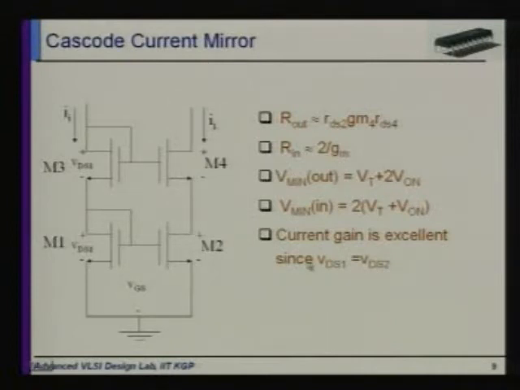Now what is the performance of this cascode current mirror, given here. R out, we also know what the R out is. I think you can remember how we can find that R out.